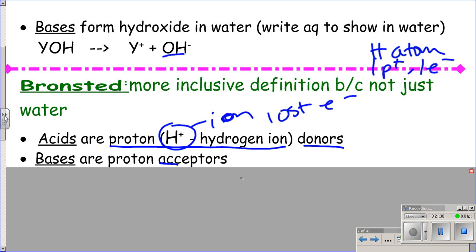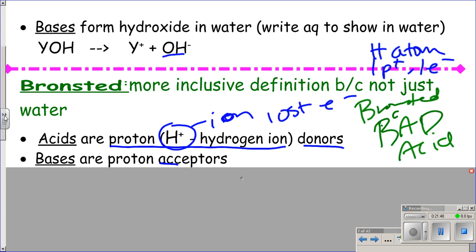Now, that's simply memorization. Or you can go with my way. When I was 15, 16, whatever you guys are, I was like, oh, okay, all Bronsted acids, they're bad acids. Why are they bad acids? They're Bronsted acid donors. So bad means Bronsted acid donors.